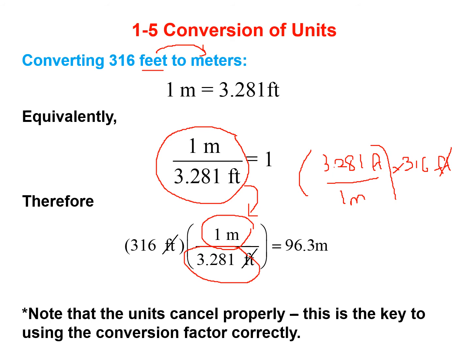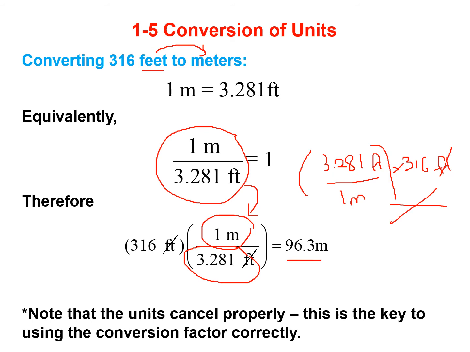If you wish to cancel out the feet or any units at the top, you must put feet at the denominator. So this one is wrong; you must put feet and feet at the numerator and of course the denominator part.